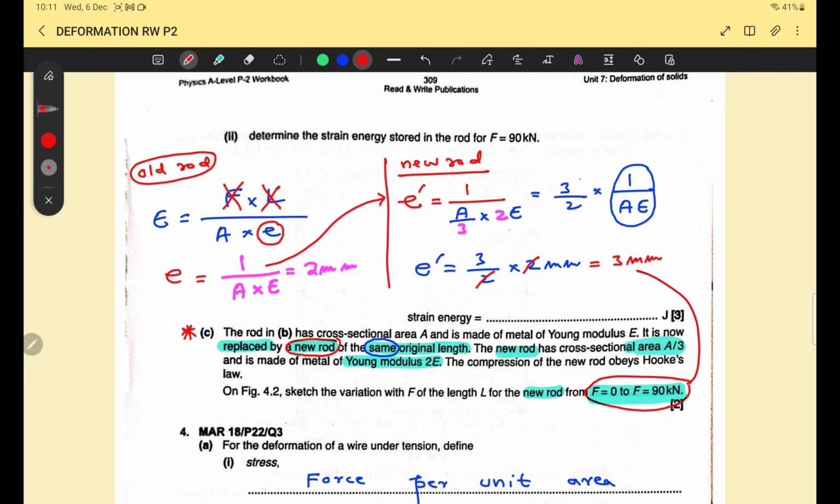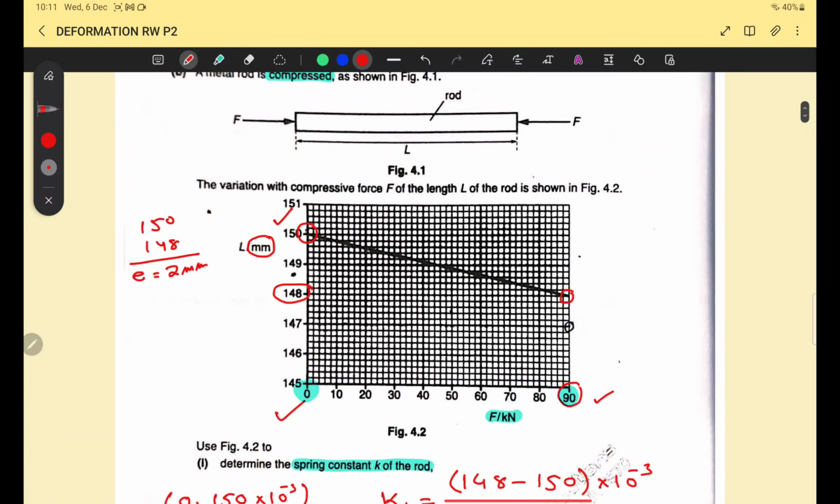It means when you apply a force from 0 Newton to 90 kilonewton, for the same force the compression in the new rod will be 3 millimeter. So I am drawing the graph, and in this graph the initial rod length is 150, and for 3 millimeter compression the final length will be 147.